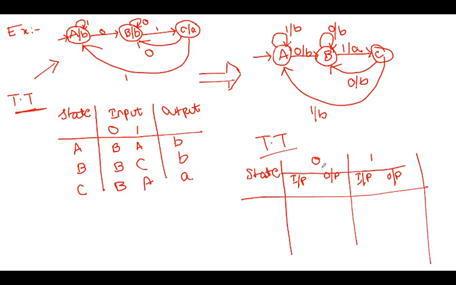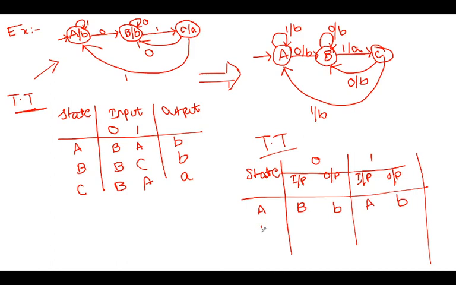State. First let's go through it. A state on taking the input 0 goes to B and produces the output small b. Here we always consider input as 0, and here always input 1. Is that clear, friends? Now A on taking the input 1 goes to the state A only, so write A here and produce the output small b.